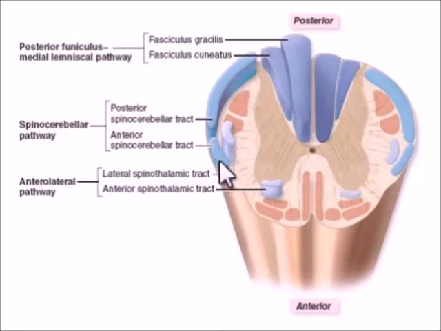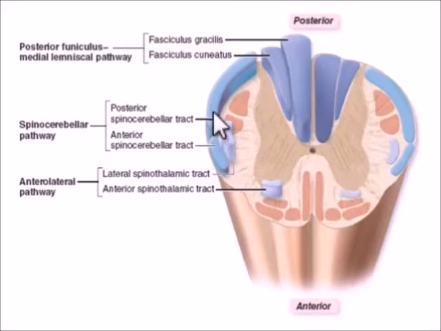The anterior spinocerebellar tract carries crude touch and pressure, and some books say that this tract also carries some proprioceptive sensation, but mainly it carries the sensation of crude touch and pressure.